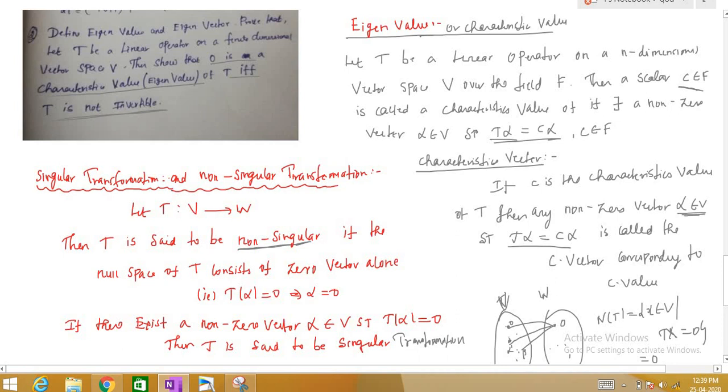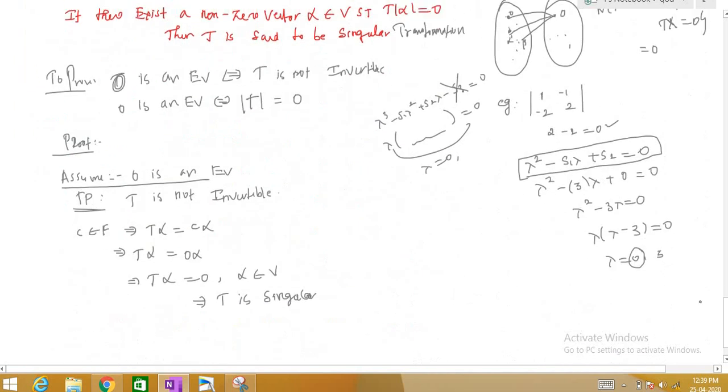A scalar C is called a characteristic value if there exists a non-zero vector alpha such that T alpha is equal to C alpha. So here alpha is non-zero. So a non-zero vector is mapped to 0. That means the transformation is singular.